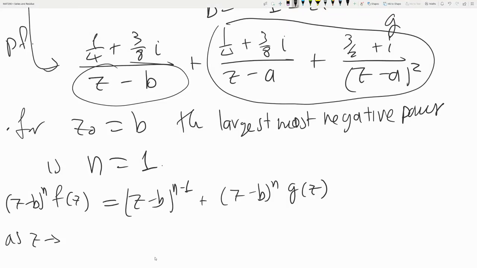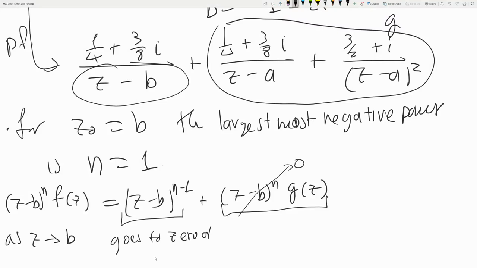So as z goes to b, this guy goes to 0, and this guy goes to 0, only when n is bigger or equal than 1.